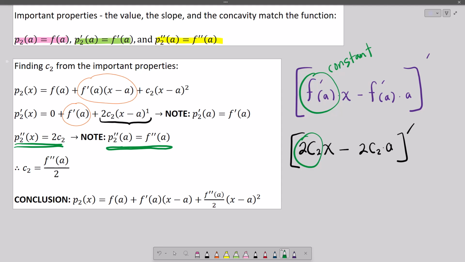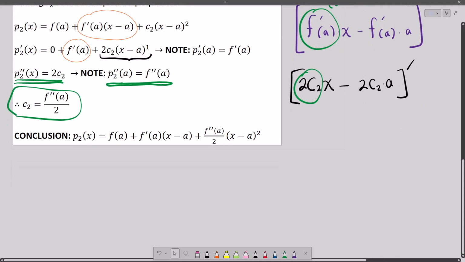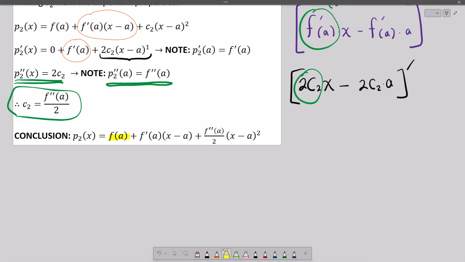And so now we can say that whether you plug in a here, if you plug in a right there, that's going to be the value of p double prime. It's going to be the value of f double prime also. We're forcing that to be true. And if we force that to be true, f double prime of a can be put right here. And if you divide both sides by 2, you can solve for that constant. That constant then gets put into our general expression. Now we have the best quadratic approximation. These guys here are all coefficients or constants.